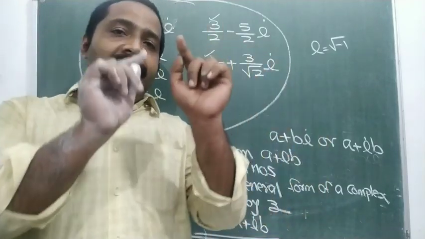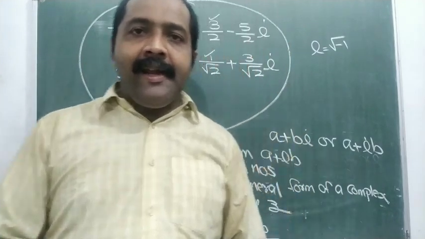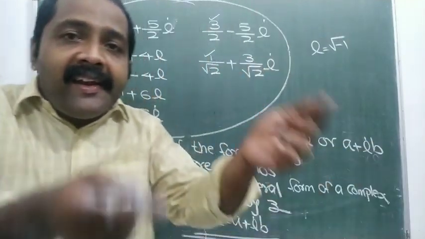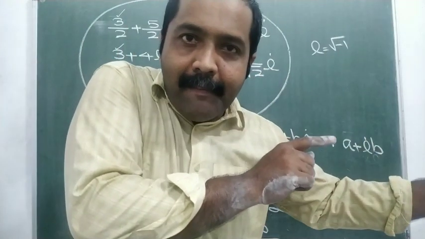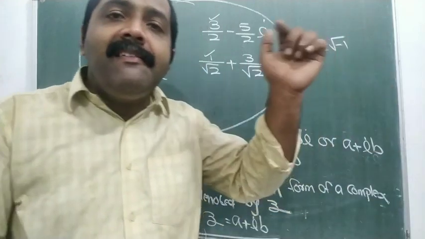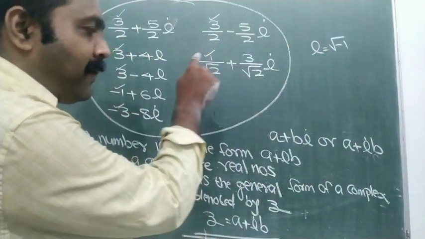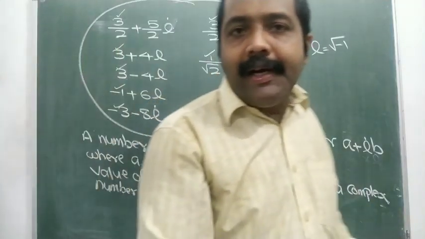Okay, then we conclude it. While solving a quadratic equation, if the discriminant is less than 0, then the real number system is extended into complex numbers involving the term i is equal to root minus 1, of the form a plus ib, where a and b are real numbers.